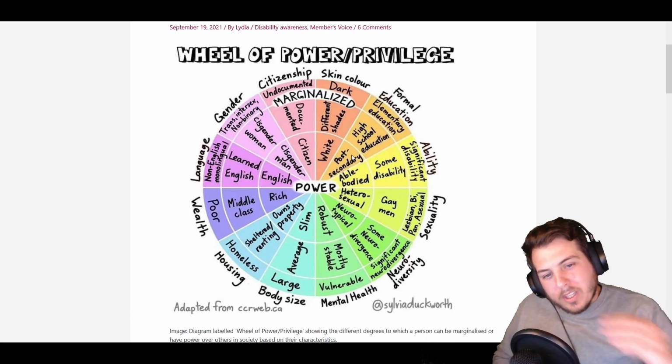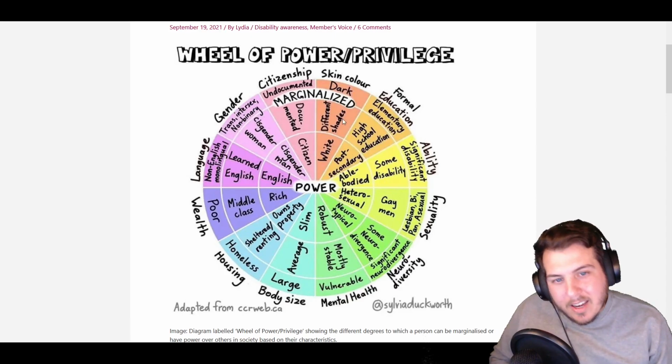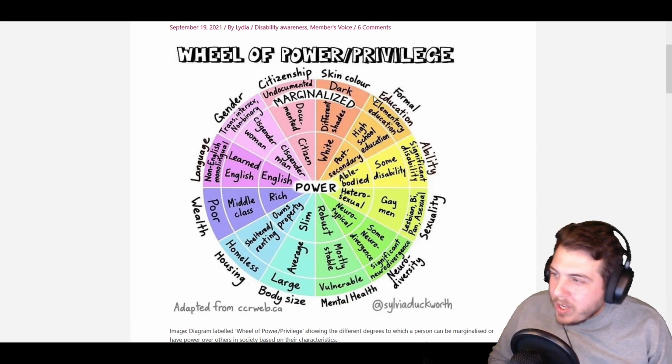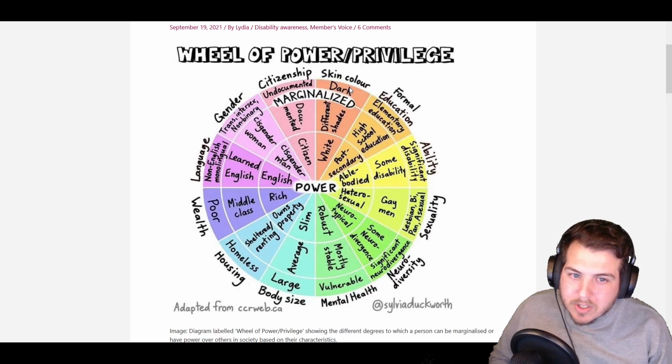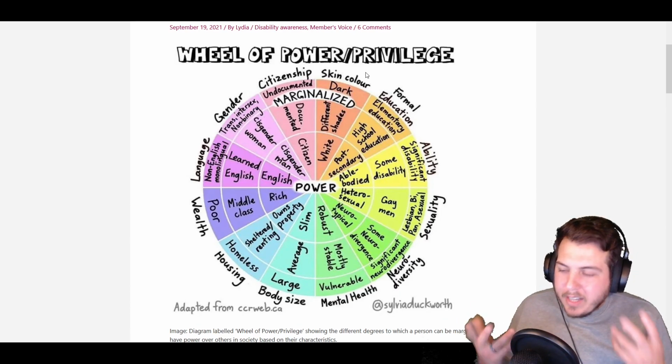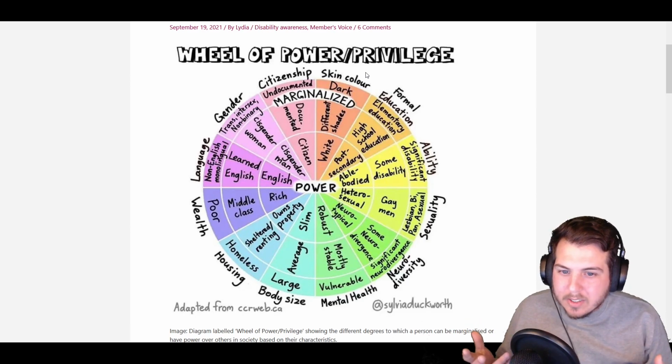But look what they do here. They put power with white and then dark all the way at the outskirts of this circle. How do you think this is elevating anybody who looks at this?